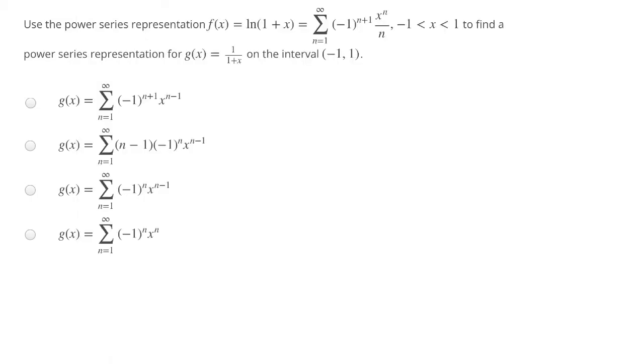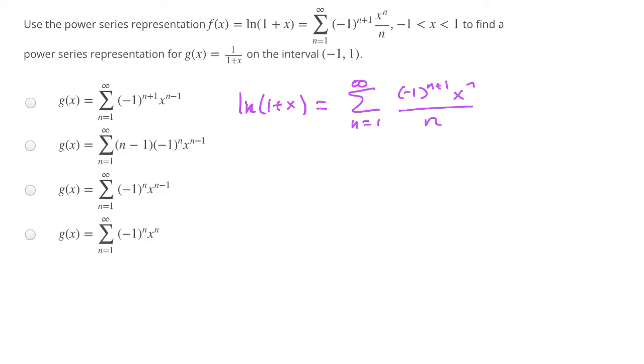So basically, we're going to take the power series that we have. We've got the power series for the natural log of 1 plus x, and we know that it is the sum from n equals 1 up to infinity of minus 1 to the n plus 1, x to the n over n.